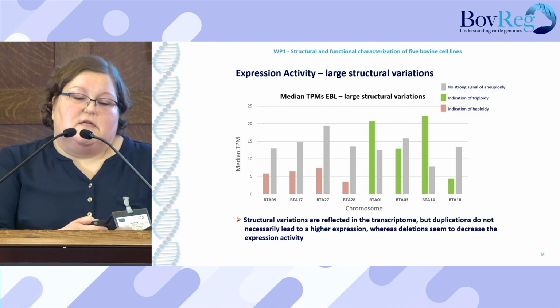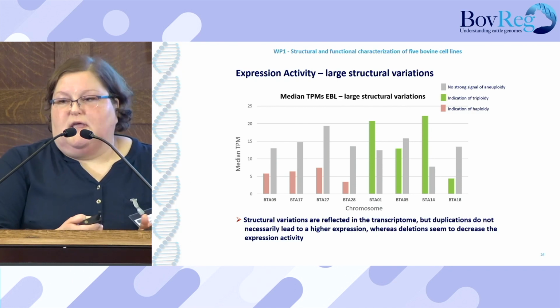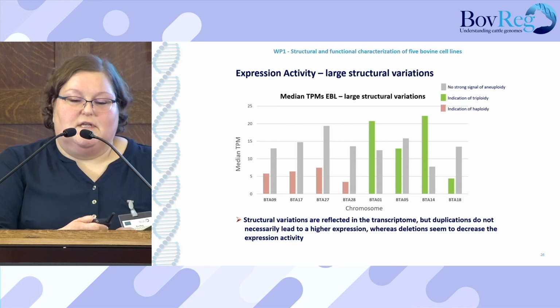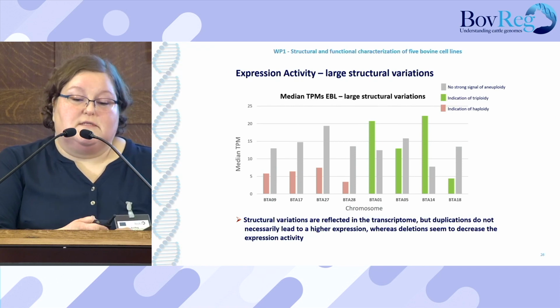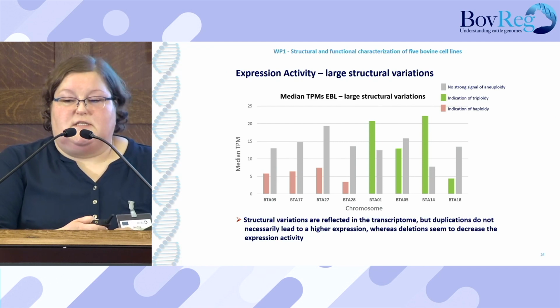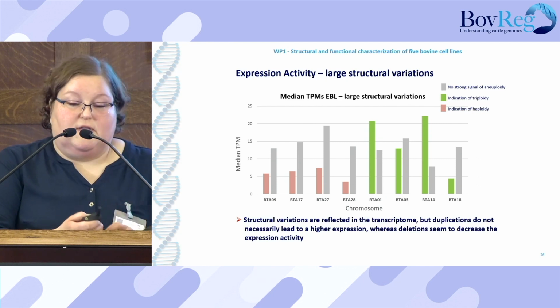You can see that chromosome 1 and 14, for example, have an increased expression level, but chromosome 5 is slightly reduced, and even more pronounced is the region on chromosome 18, where the expression is reduced.